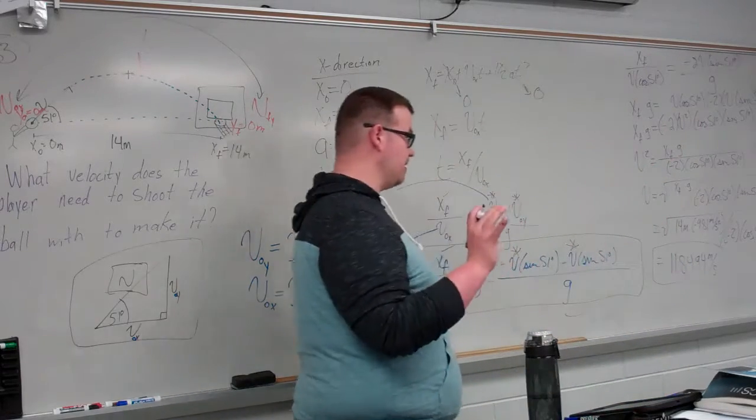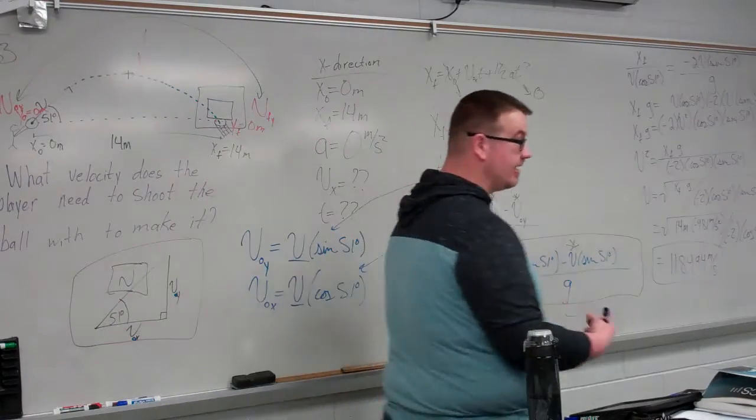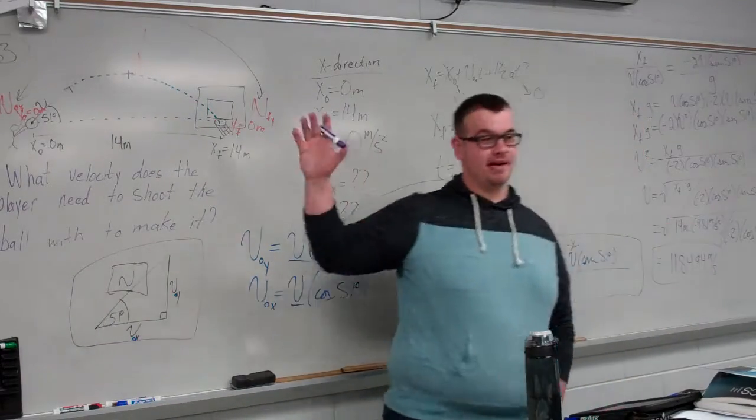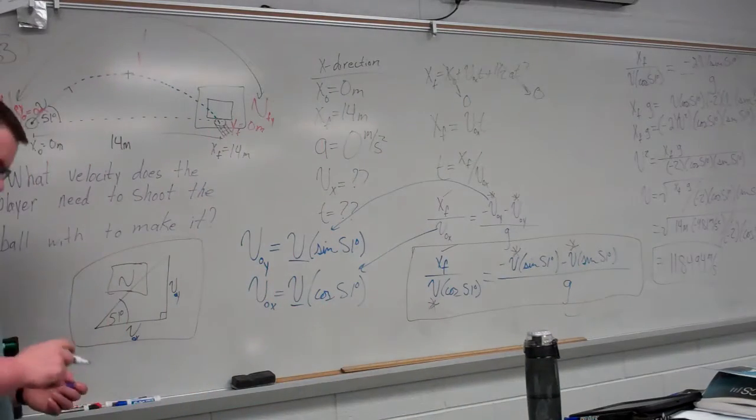I got 11.8494 meters per second is the velocity the basketball player has got to shoot the ball to get it into the basket.